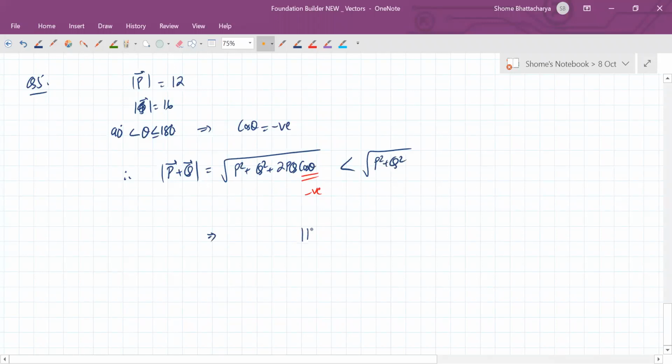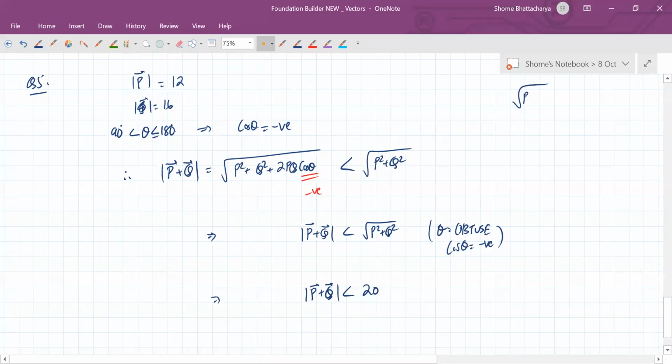So because theta is obtuse, magnitude of p plus q is less than root of p square plus q square, or cos theta is a negative quantity. So in this particular case, the magnitude of p plus q is less than 20, because root of p square plus q square is 20.